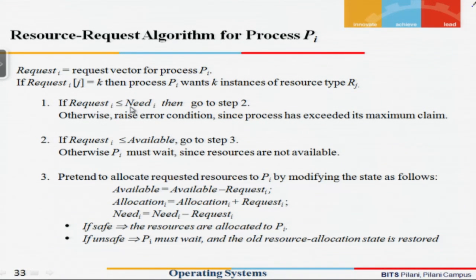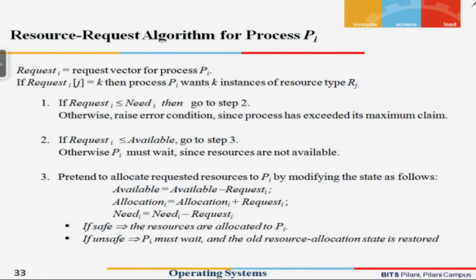If Request_i is greater than Need_i, the process is trying to make a request which is more than its maximum claim, and in that case we need to raise some kind of alarm. The process initially said that it only wants 2 resources, and now it is asking for a third as well. So an error condition occurs.